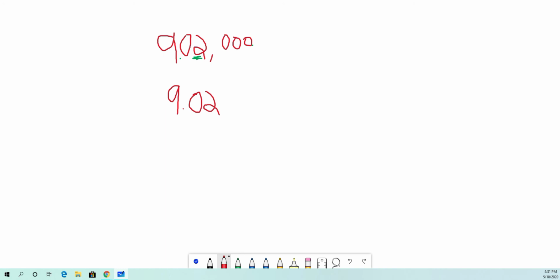Then we have to count. 1, 2, 3, 4, 5. I'm going from right to left. 1, 2, 3, 4, 5. So it's going to be 9.02 times 10 to the 5th power.